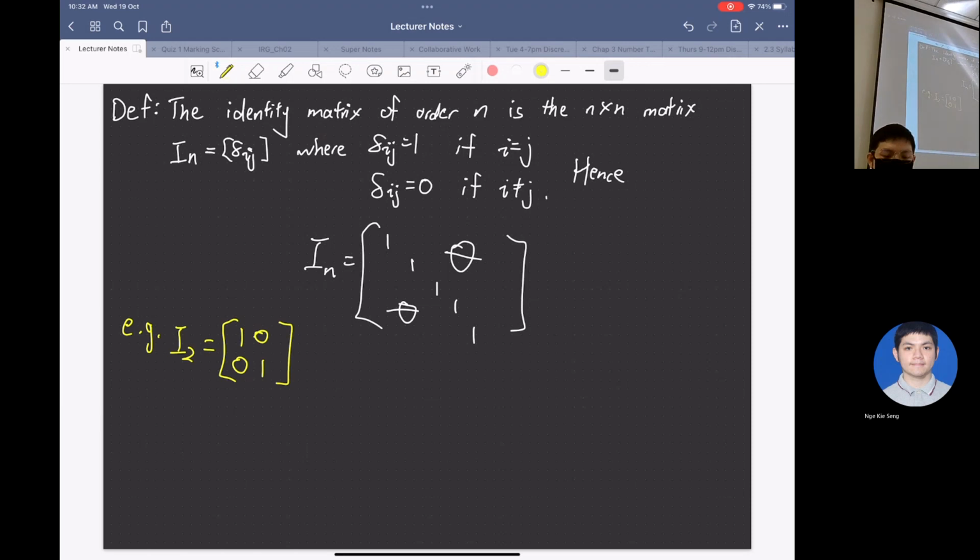So this matrix, an m by n matrix, is a map from R^n to R^m. What is R^n? R^n is the Cartesian product taken n times, and R^m is m times.